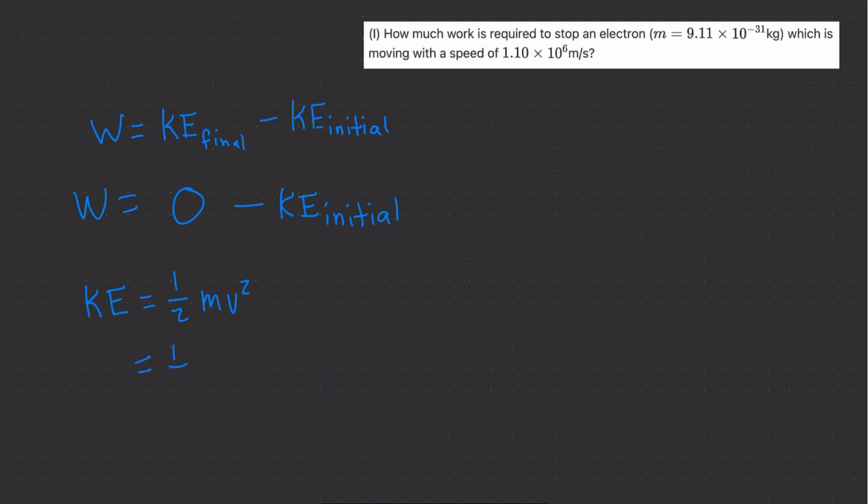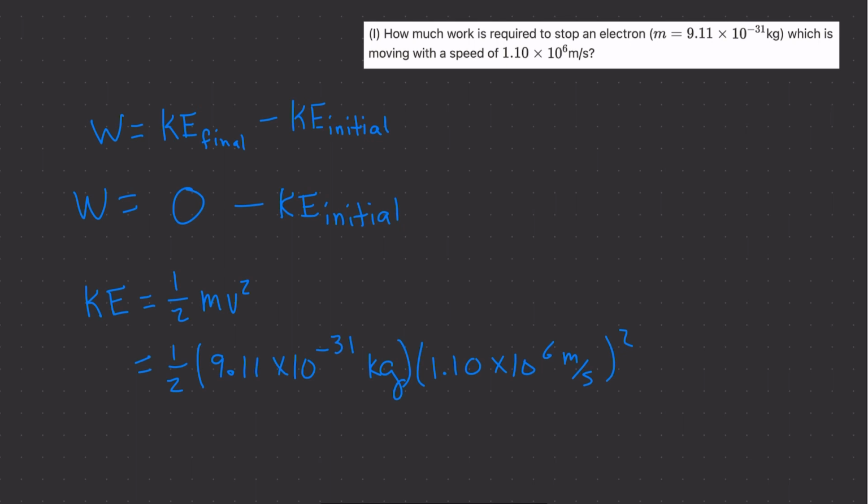That's equal to 1/2. Actually, let's go ahead and plug in the mass first. The mass is 9.11 times 10 to the negative 31 kg. And then we're going to multiply that by the square of 1.1 times 10 to the power of 6 meters per second.